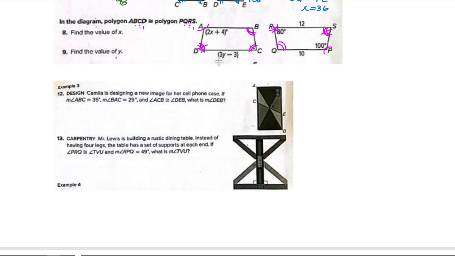And we can also see that between the three sides, that 3y minus 3 is going to be equal to 12, which gives us that y is equal to 5. And then we can also figure out that x is going to be equal to 48.